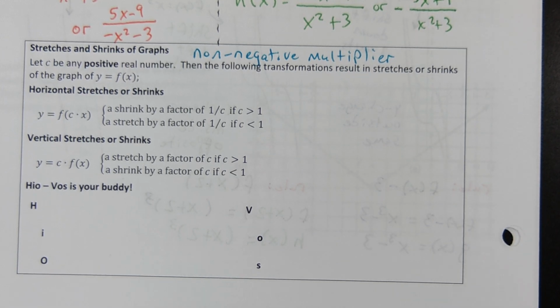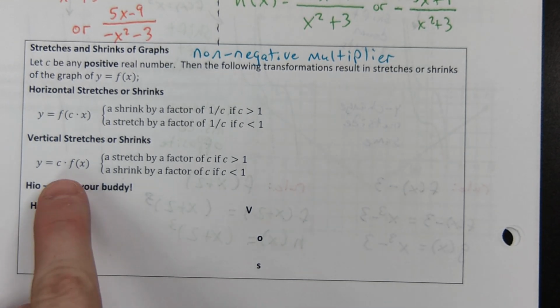Multiplying by 2, yeah, that stretches an object if it's the y values. If I multiply your height by 1/3, you're going to be really short. You got shrank. Which means multiplying the y values by a number has the exact effect that you think it would have.